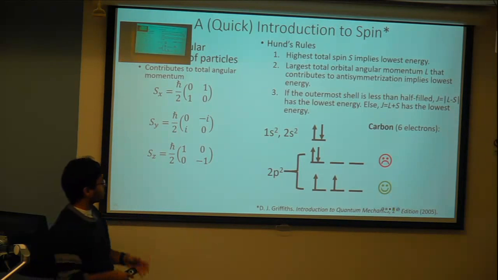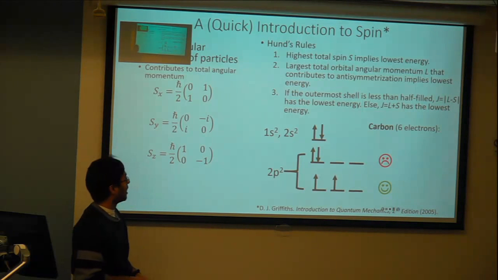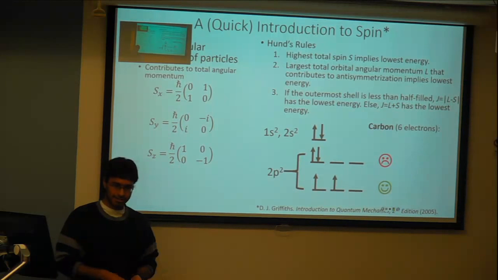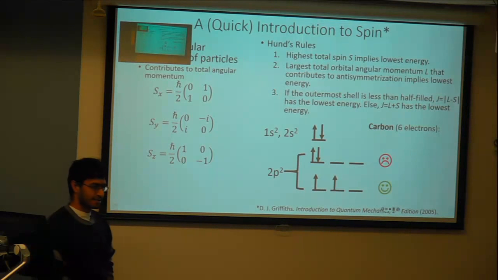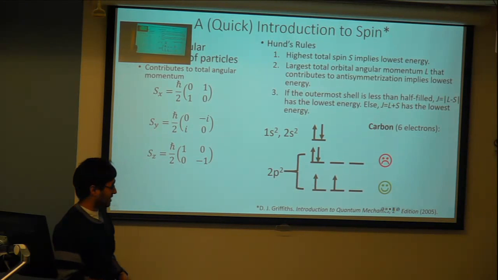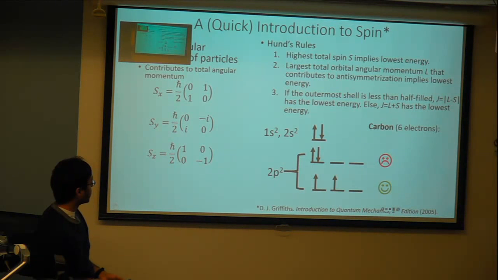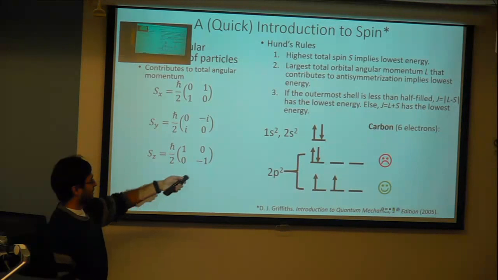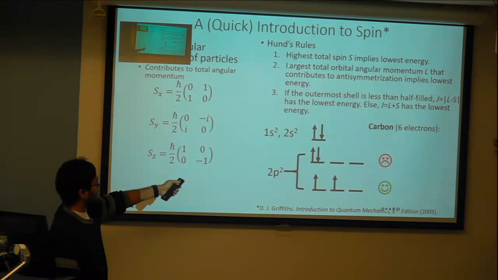So just a brief introduction to spin very quickly. Spin, which is more formally known as spin angular momentum, is an intrinsic property of particles in the quantum mechanical sense. In chemistry, one of the important parts about spin is Hund's rules.